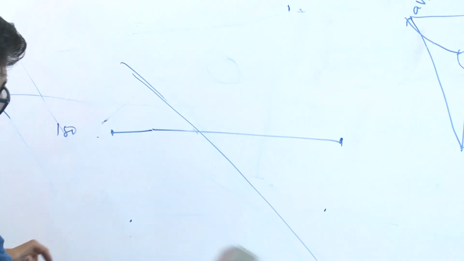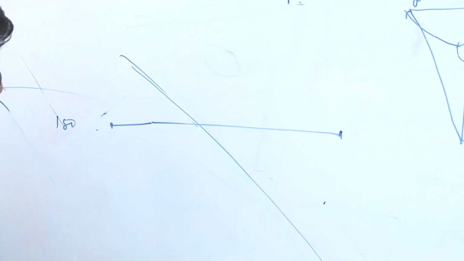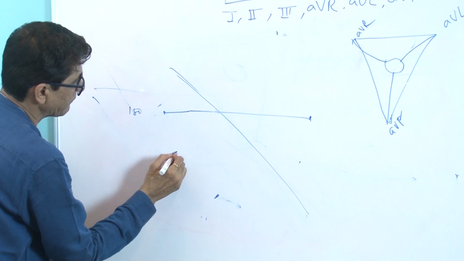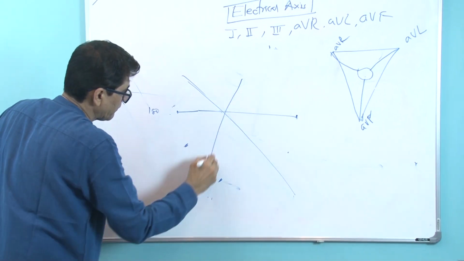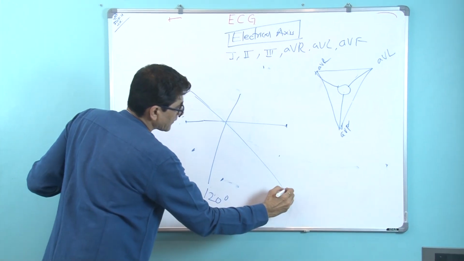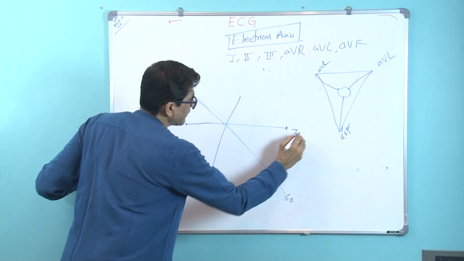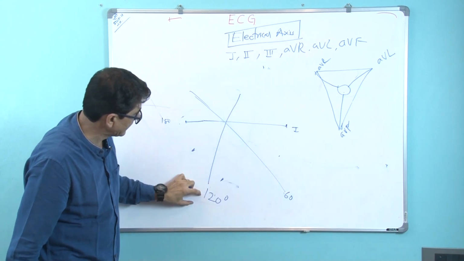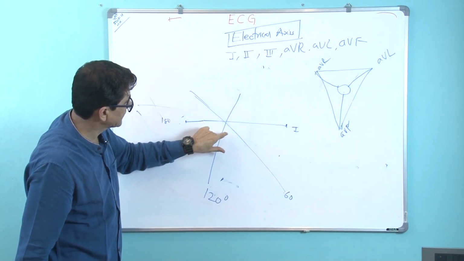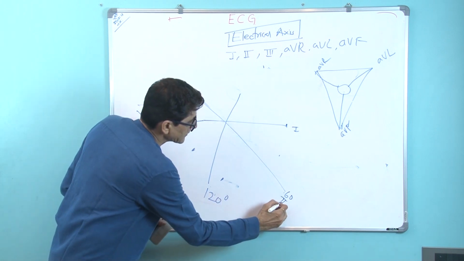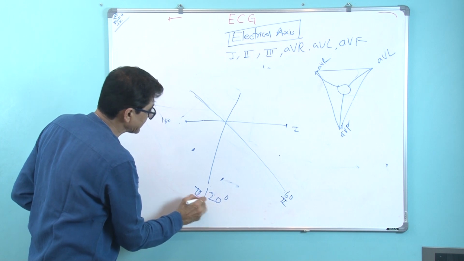Okay, suppose I consider this is 120 and 150, so this is 120 degree, this is 60 degree, this is first. So from first to lead 2 there is 60 degree, 2 to lead 3 is 60 degree.